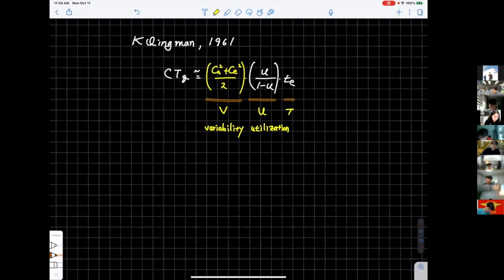So sometimes this formula is called the VUT formula, or VUT equation.